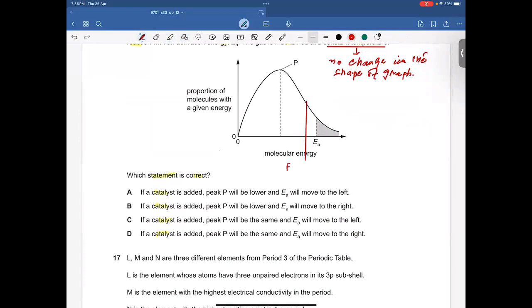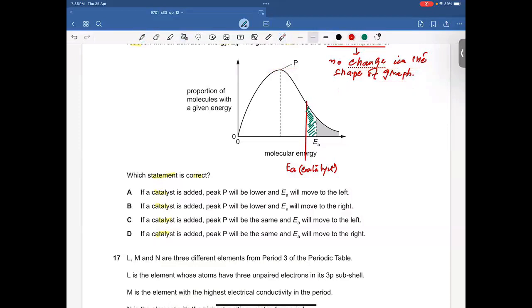So this must be the activation energy for the catalyzed reaction. And because of that, the proportion of molecules obviously increases. The peak, that is the most probable energy, will remain the same throughout the experiment because there will be no change in the shape of the graph.